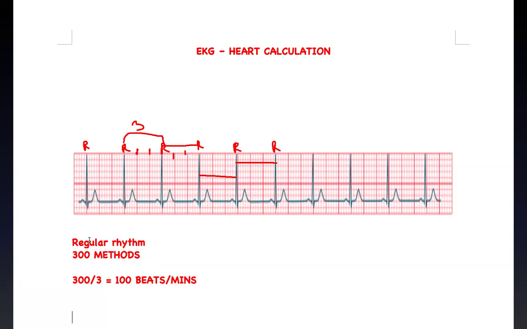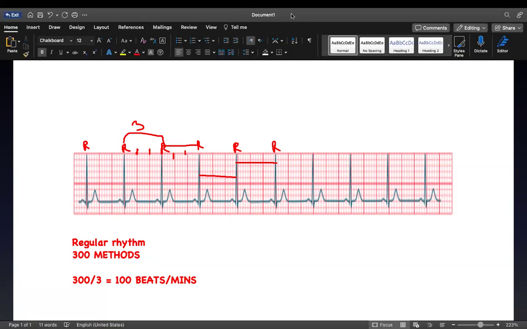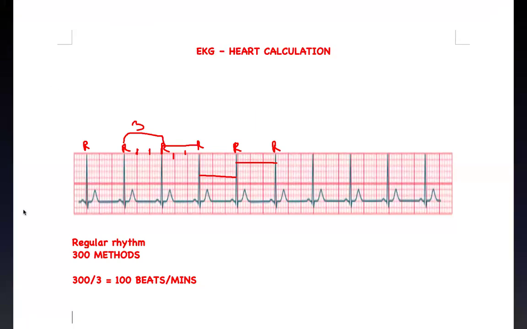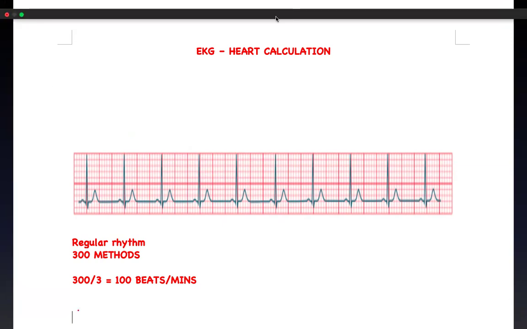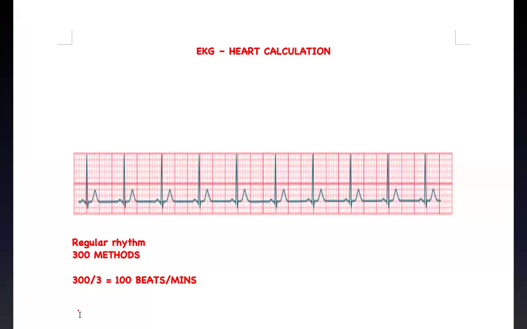If it's either irregular, or it's regular and you want to use another method, that method is different. That is the 6-second strip method. And this can be used for both regular and irregular, right?